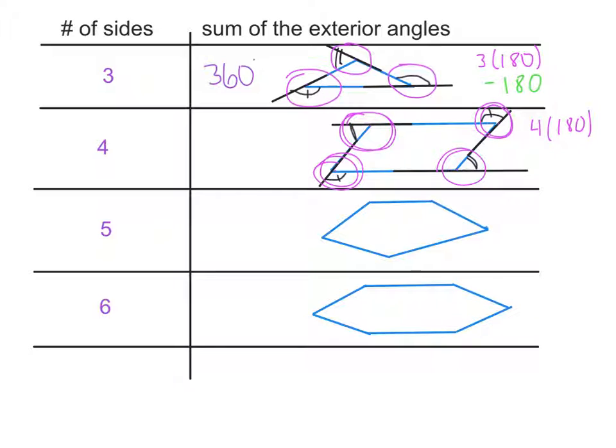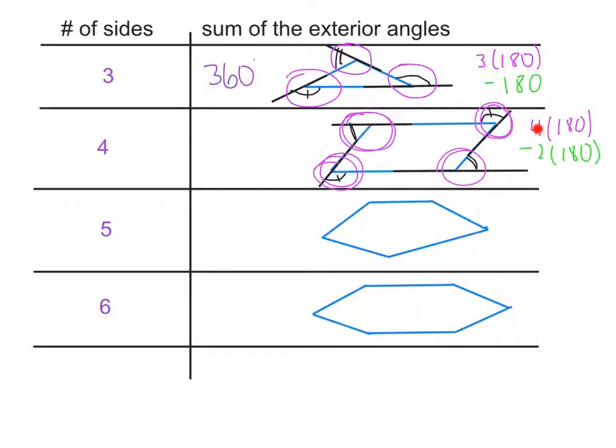But wait a minute, if I calculate this, that calculates the interior angles as well as the exterior angles. So I have to find a way to subtract off the interior angles. Good thing I know that the interior angles here add up to 360 degrees, or specifically, it's 2 times 180. So what am I saying?